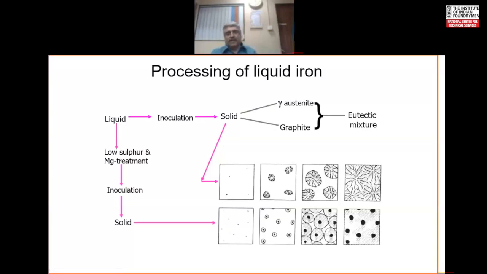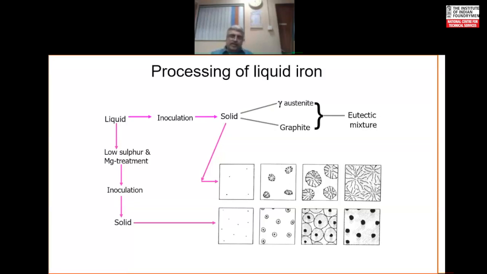nuclei are present in the melt, and initial graphite nuclei are forming here. We'll see a little bit later what type of nucleation you see in the case of eutectics. This is known as coupled eutectic or coupled growth, where you have austenite and graphite growing side by side.